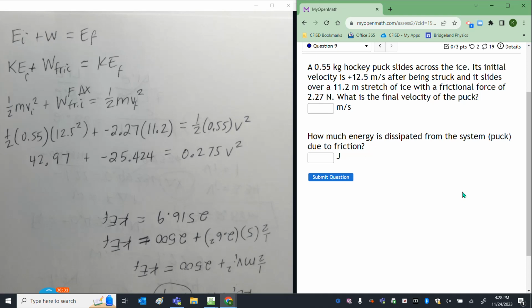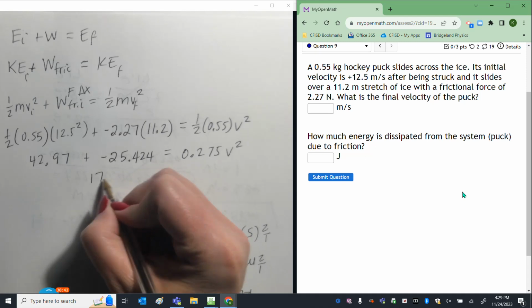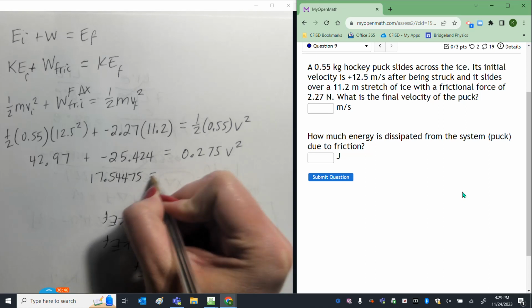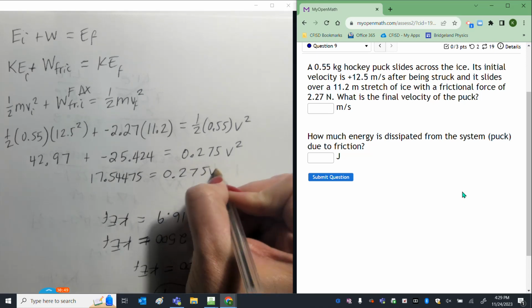So let's go ahead and add these over here. And I'm going to add the full values in my calculator rather than the rounded ones on my paper, just in case it makes a difference. This is 17.54475 equals 0.275 v squared.